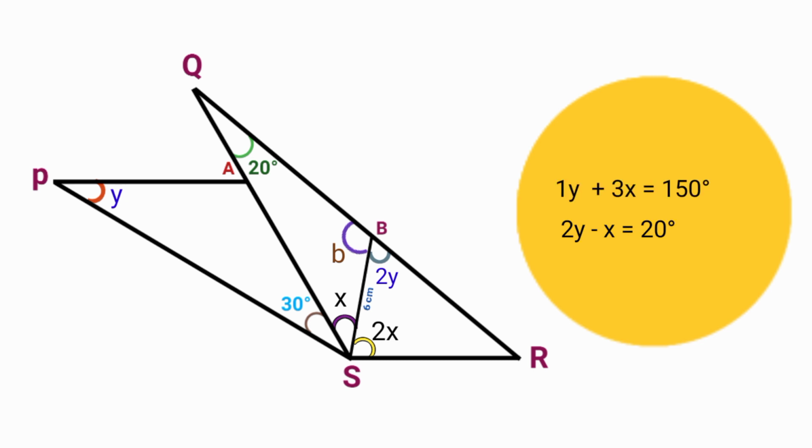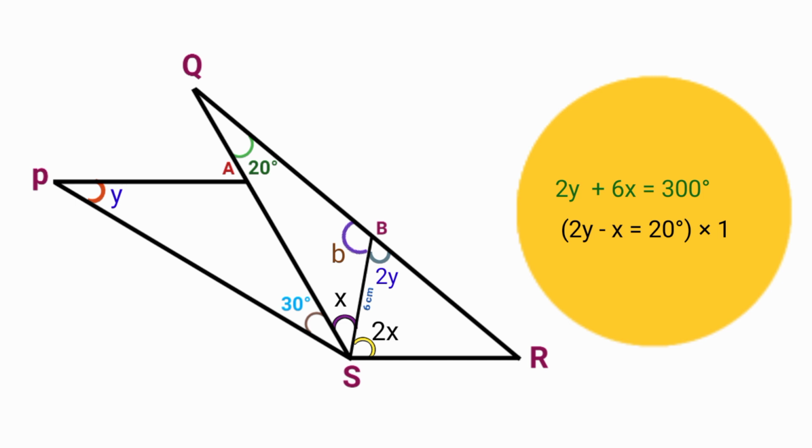So now, to make y have the same coefficient in both equations, we multiply the coefficient of y from this equation, which is 1, by this equation, and also the coefficient of y from this equation, which is 2, by this equation. So here, 2 multiplied by y is 2y, 2 times 3x is 6x, and 2 times 150 degree is 300 degree.